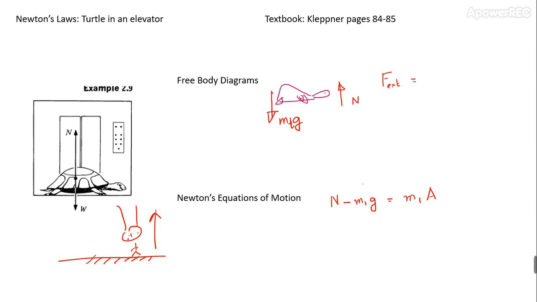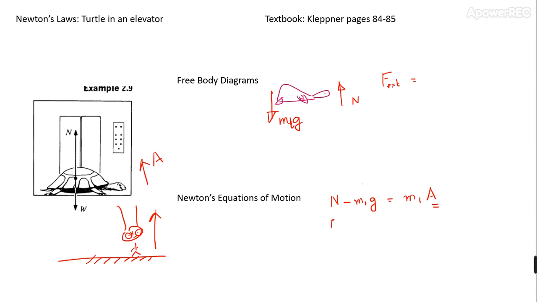And as far as the observer observing from the ground, the turtle and the elevator are moving up with an acceleration a. So this is the acceleration of the turtle as it appears to the eyes of this observer, and therefore he says that the force, which is N minus m1g, is equal to mass into acceleration.